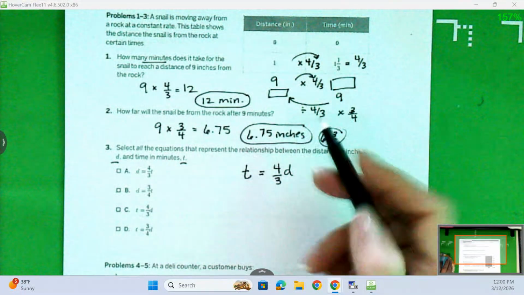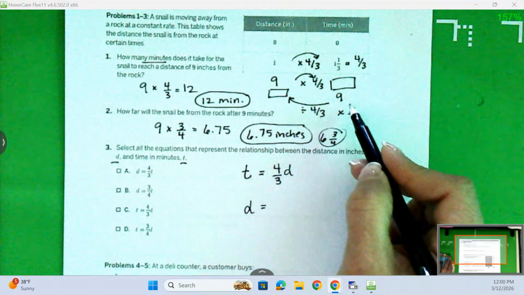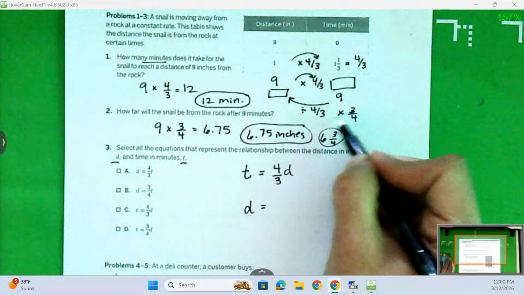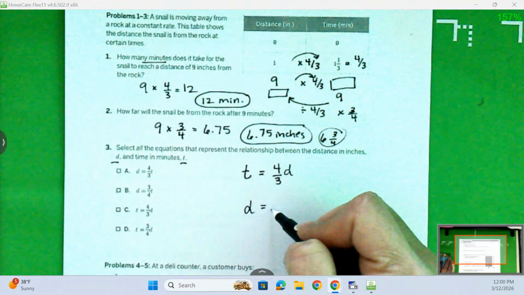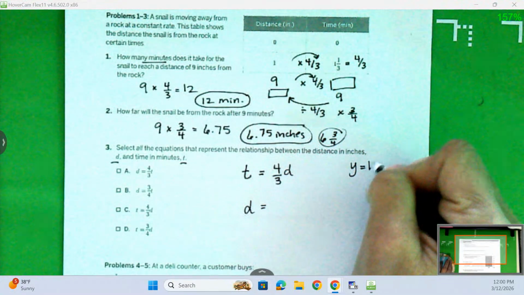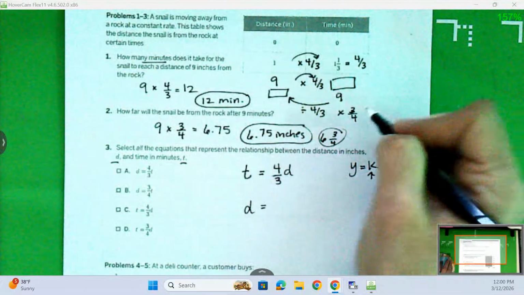In reverse, if I'm doing the distance, I am going to multiply, because we don't really divide, we always change dividing to multiplying in our equation here. We want the form y equals kx, so we want something multiplying x.